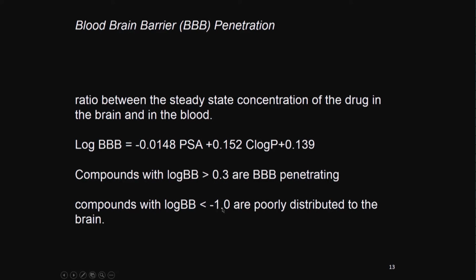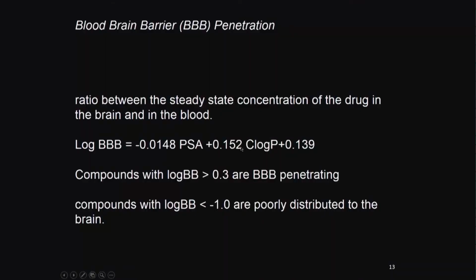If it is less than -1, they are poorly distributed. That means less than -1 could be very hydrophilic, so they do not enter the BBB, whereas if it is greater than 0.3, they enter. So polar surface area plays a role, log P plays a role. A higher polar surface area means the molecules are hydrophilic in nature. A higher log P means the molecules are hydrophobic in nature. So you can see those two play an important role in BBB penetration.